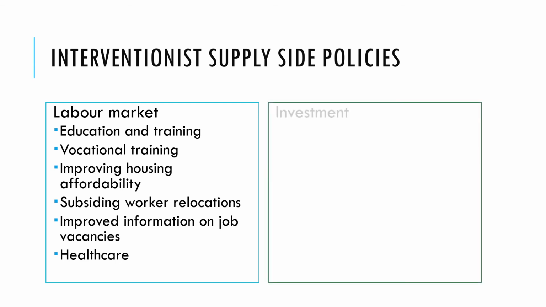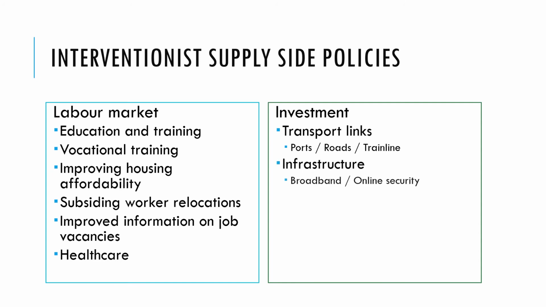In terms of investment, governments can improve transport links and infrastructure. Businesses can then take advantage of these improved transport links and infrastructure to increase their scale of production. Examples would be ports, roads, trains. Similarly, things like broadband and online security would enable businesses to thrive and enable them to produce more.